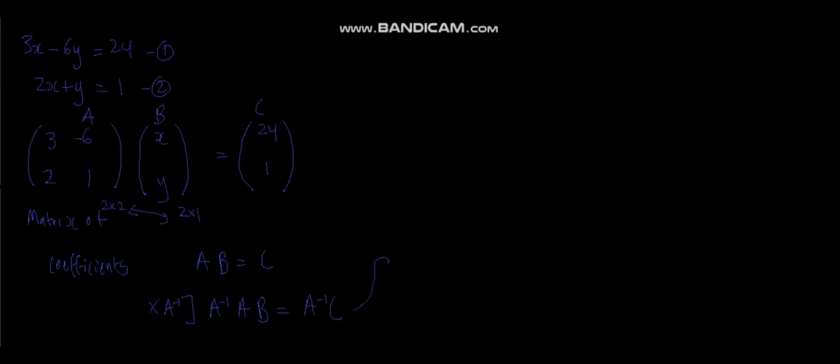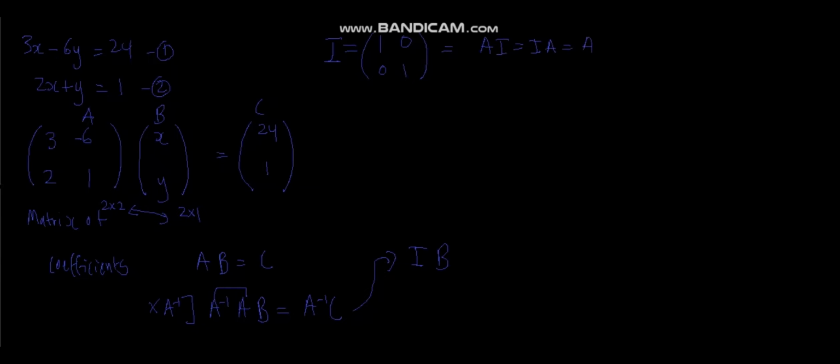Now A inverse times A gives you the identity. Now the identity is a matrix, namely the identity of a 2 by 2 matrix is this matrix, and it's basically the matrix analogy of multiplying by 1, meaning any matrix times the identity equals the identity times that matrix, which equals that matrix.